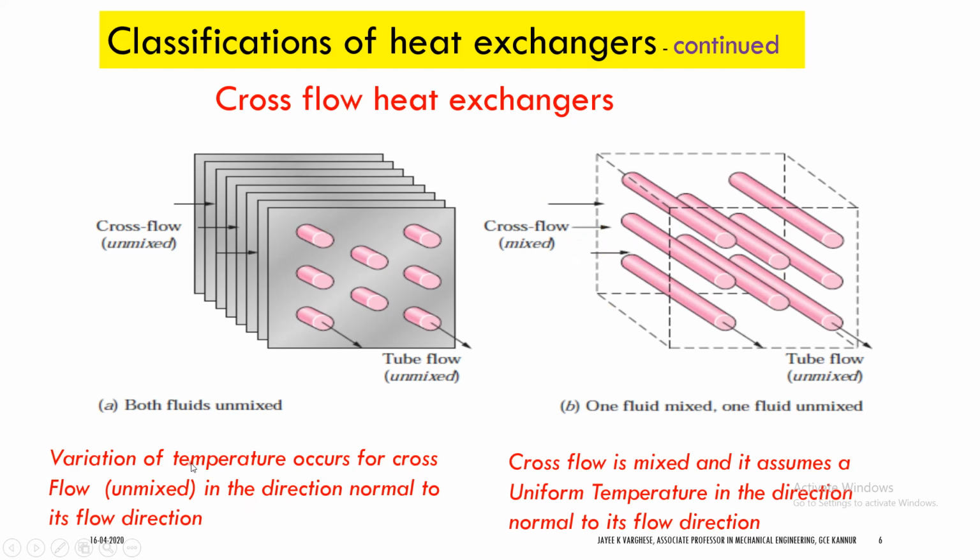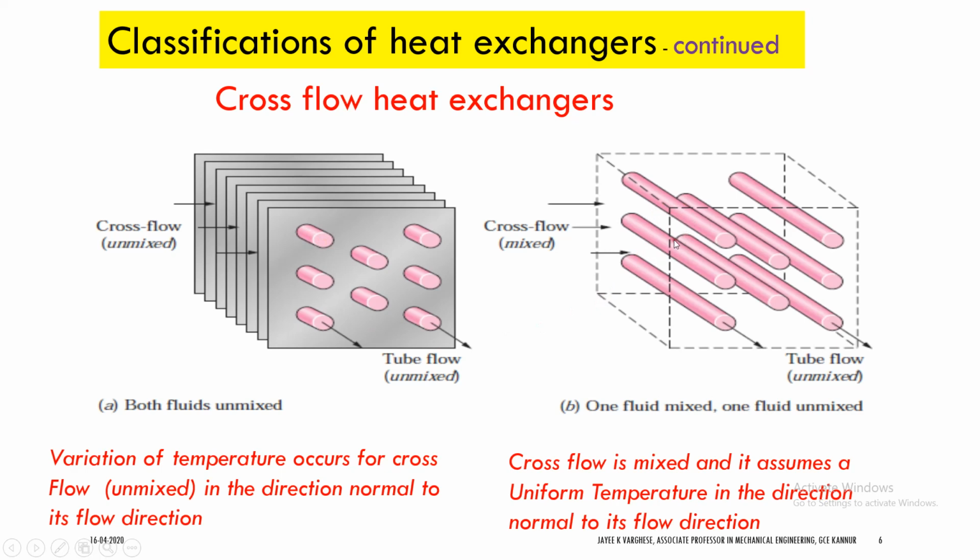So here variation of temperature occurs for the cross flow. In this case we can say that for the cross flow the temperature of the fluid at different passages will be different, because they will be exchanging heat with two fluids of different temperatures, because the two fluid temperatures will be varying as they flow along their flow direction.